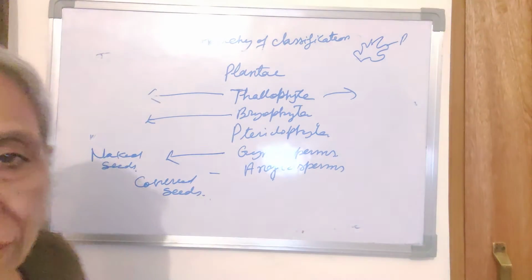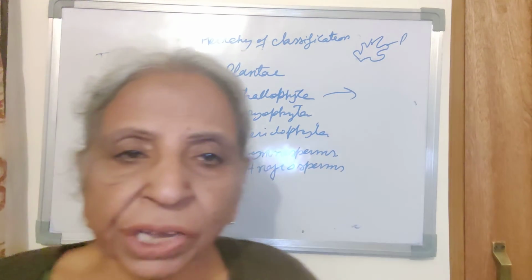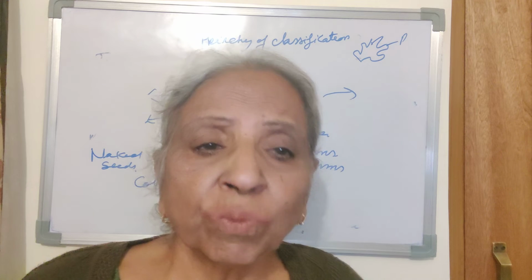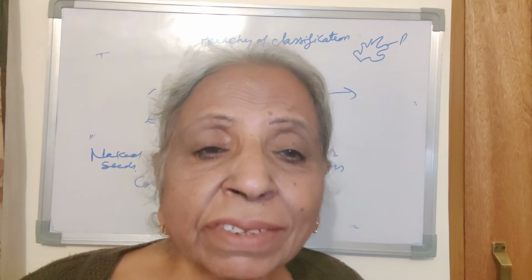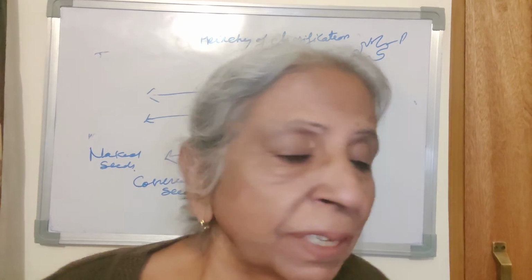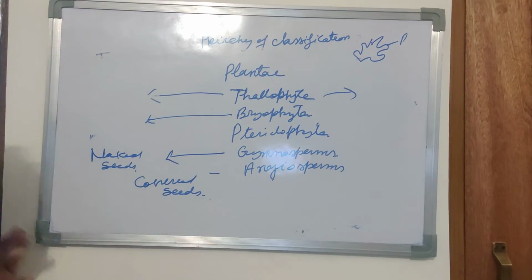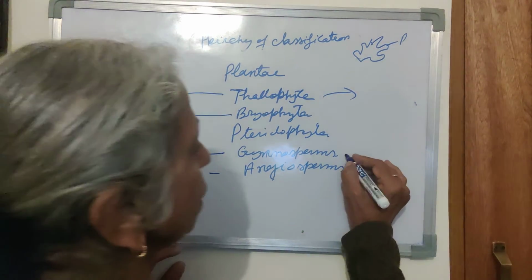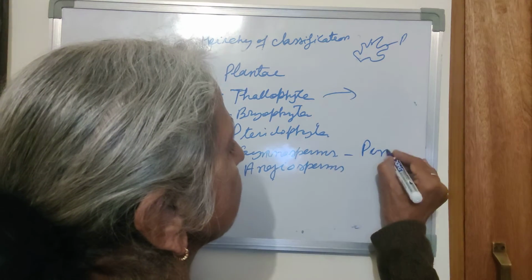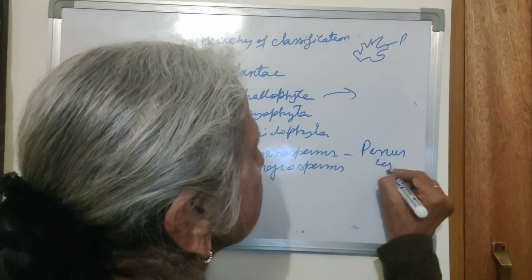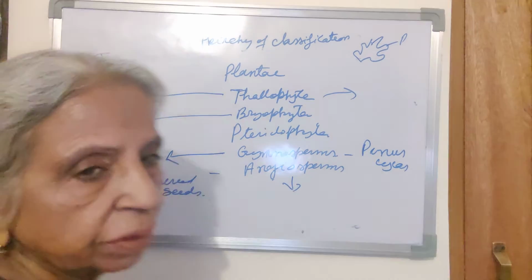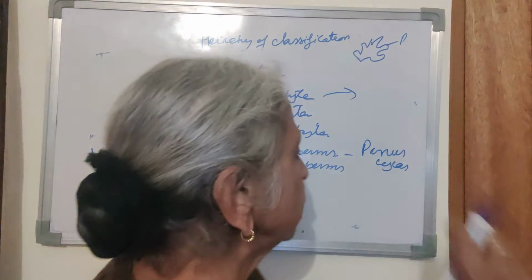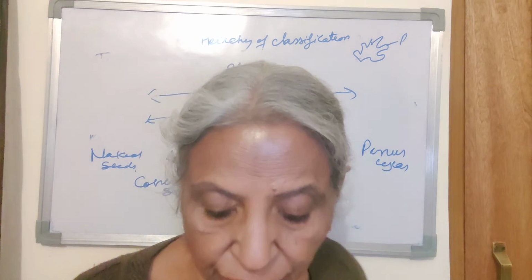All plants you see all around, that is neem, peepal, wheat, rye, paddy plant, they are all angiosperms. The examples of gymnosperms are Pinus and Cycas.